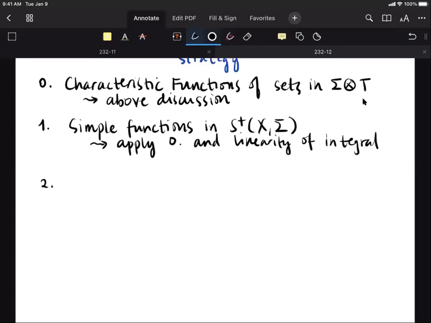Once you know this, you go on to non-negative measurable functions.